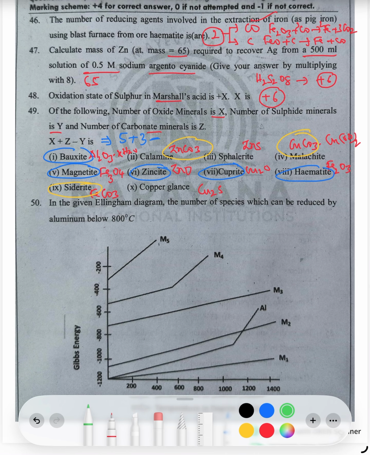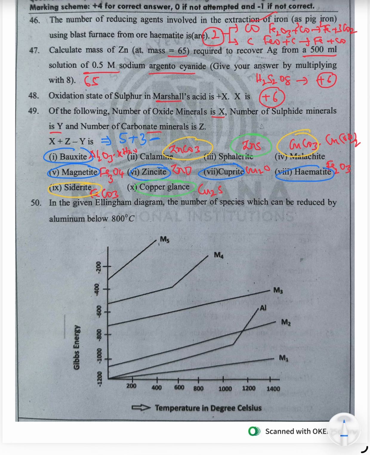So what are the sulfide minerals? Zinc sulfide is 1. Next copper glance is 1. That's it. Only 2 are there. So this is equal to 5 plus 2 minus 3, that is 4. Hence the answer for the 49th one is 4.